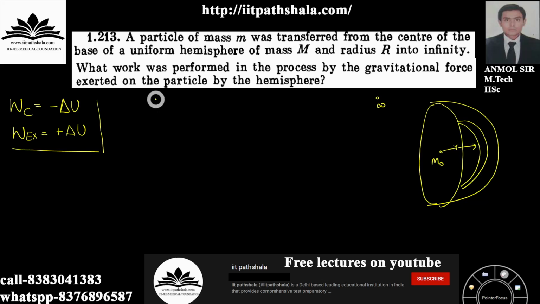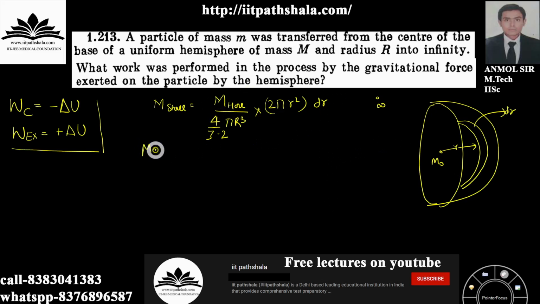Now I know that the mass of this shell will be equal to the mass of the solid hemisphere upon the volume of this hemisphere, into the volume of the shell, 2 pi r square, and let us have the thickness as dr of this particular shell. Okay, nothing fancy about that. If you have done mechanics good enough, then you will know what I am doing over here. Okay, that will be a piece of cake for you.